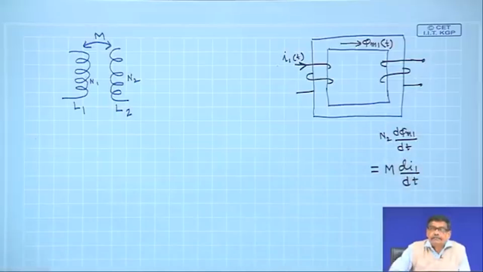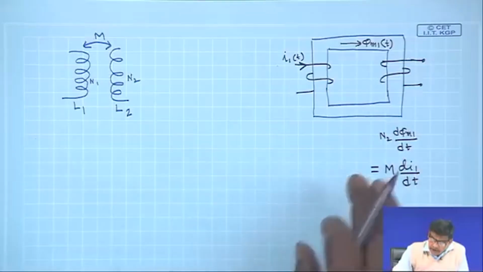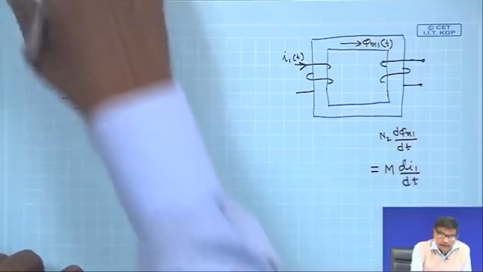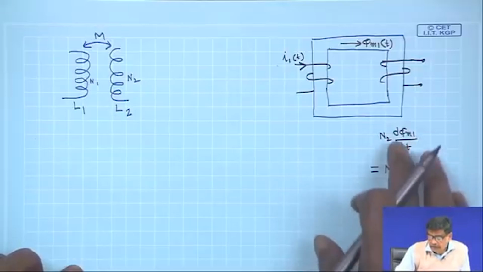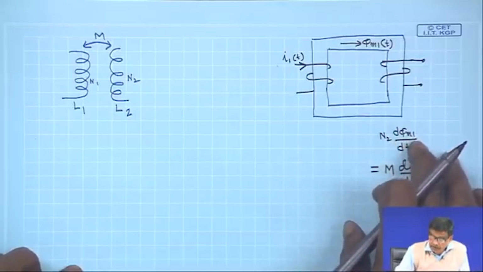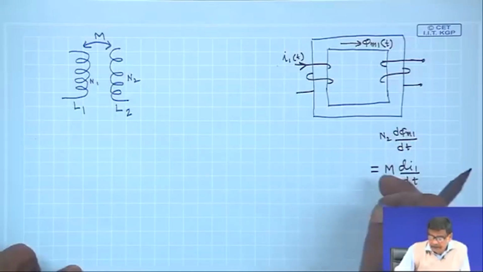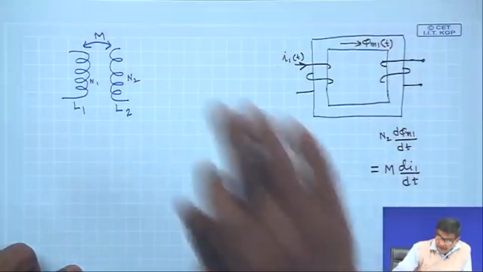This is one and the same thing. I leave it to you to show that; it is an exercise for you. Try to express phi M1 in terms of phi 1 and the M I have defined.